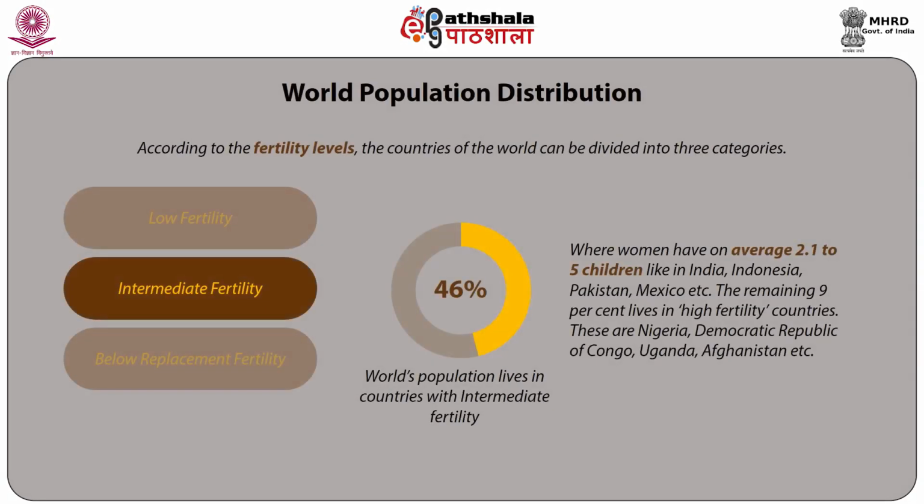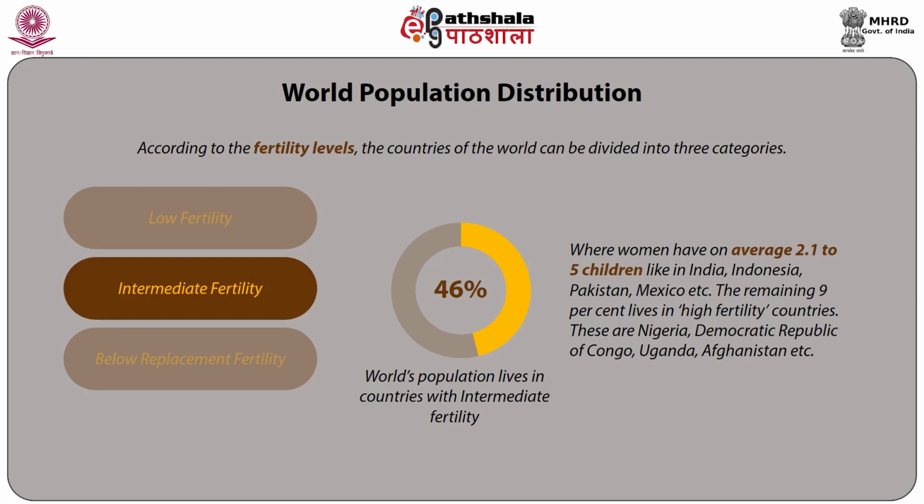Another 46% lives in intermediate fertility countries, where women have on average 2.1 to 5 children, like in India, Indonesia, Pakistan, Mexico, etc. The remaining 9% lives in high fertility countries.